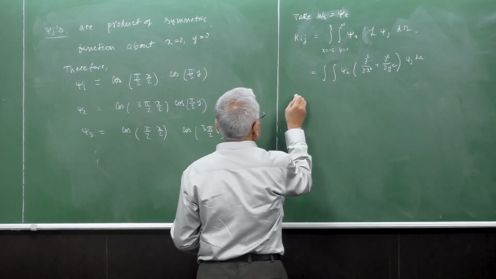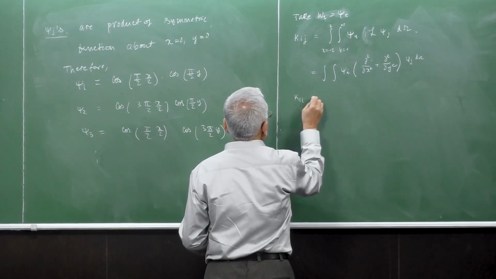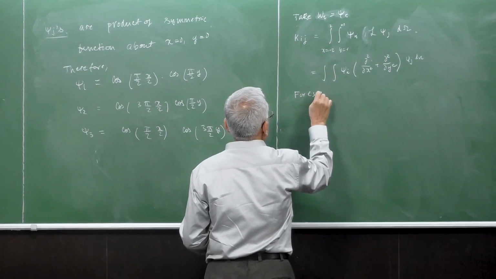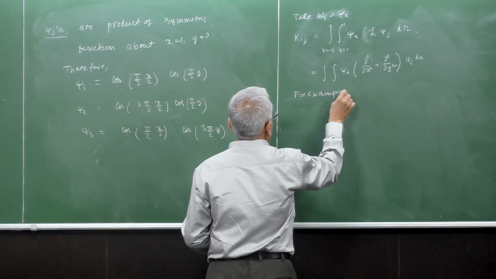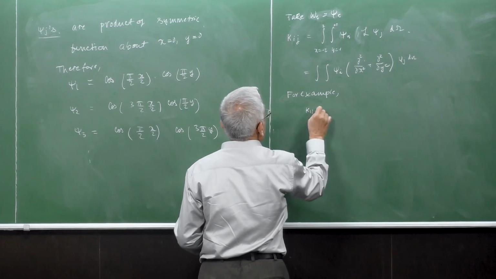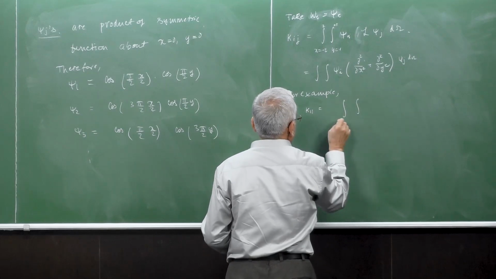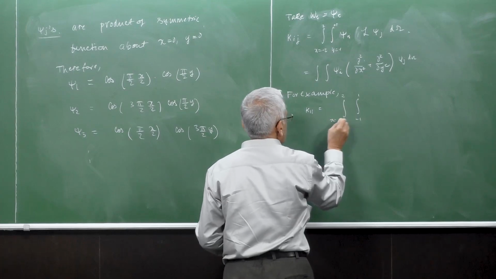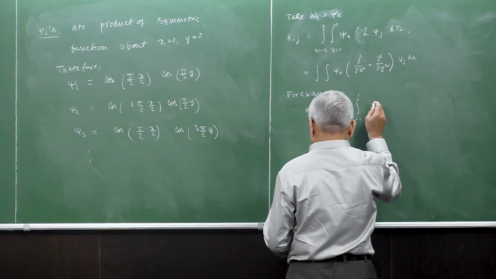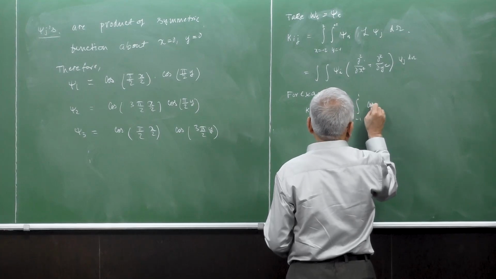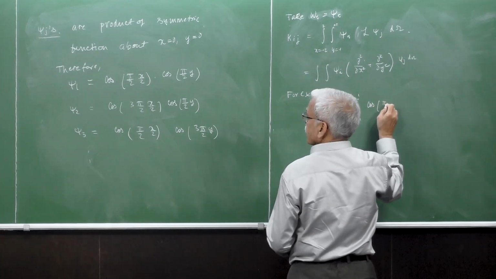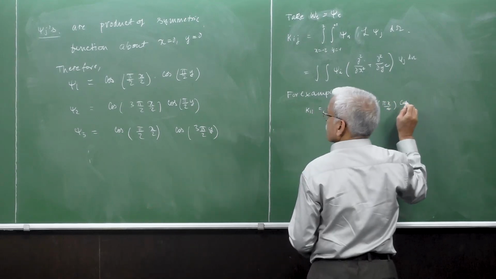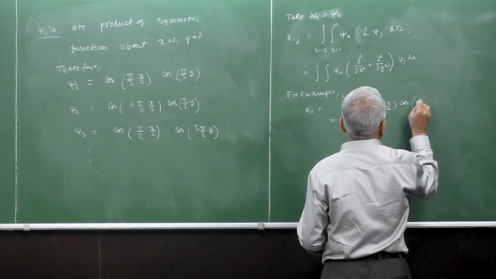Let's just see. For example, if you want K11, it is -2 to +2, -1 to +1, and psi 1 is cos pi x by 4 and cos pi y by 2.